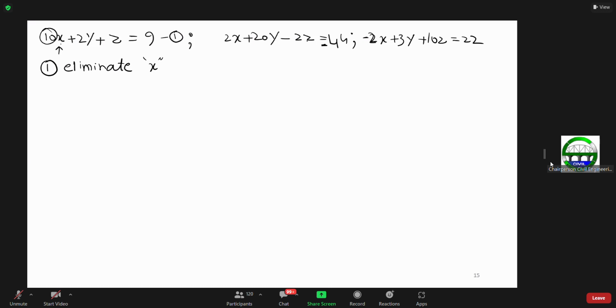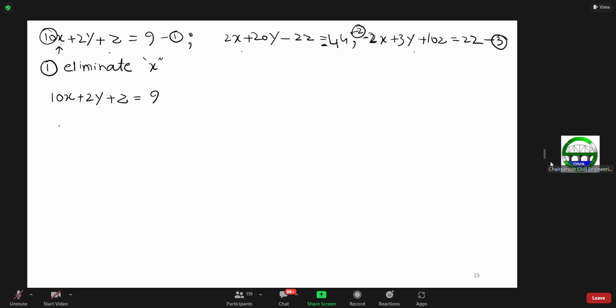This is equation 1, this is equation 2, this is equation number 3. So which equation will I use? Because the coefficient of x is larger in here, I will use equation number 1. So I write 10x plus 2y plus z is equal to 9.